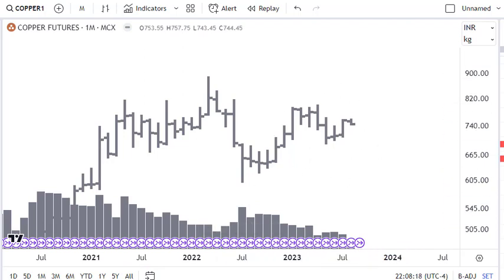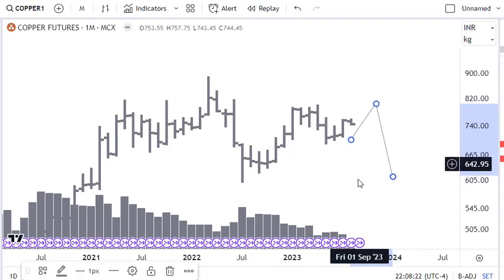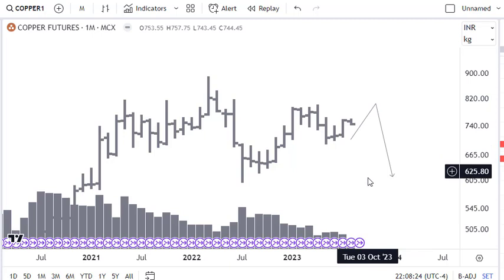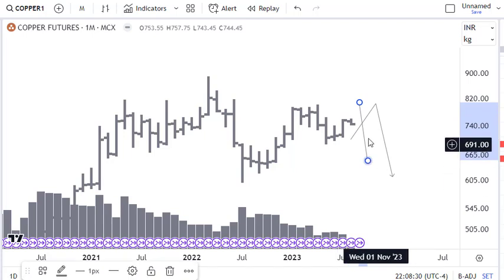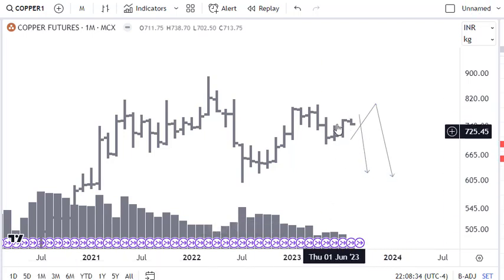I don't know if we push up here a little bit further and then push down, or we just push down straight from this point here. But I'm not seeing any increased volume pushing this up through here.